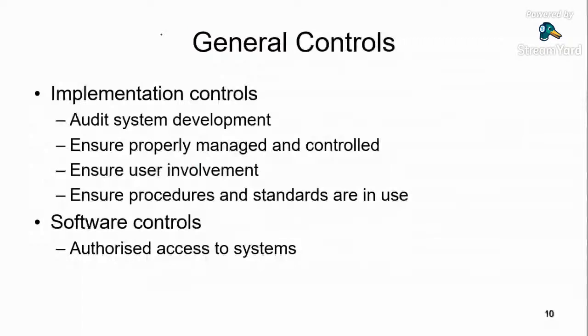Okay, so let us see what the general controls are. General controls again have two sub-types, which come in implementation control, where audit system development is involved. Whenever you become a professional, there is always audit. It is part of the monitoring that we saw in the previous stage: the information system in the core stage assesses, then communicates the policy, then deploys the policy, and monitors the policy, and this cycle goes on.